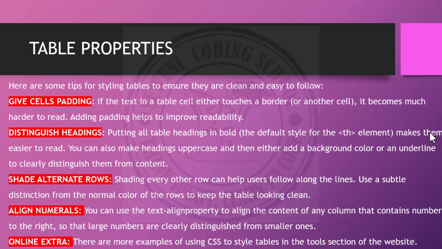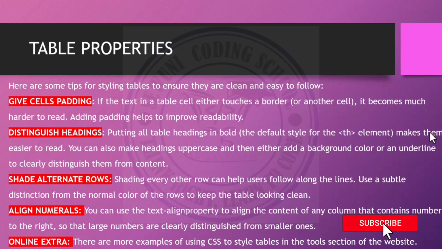We are also going to look at some tips used for styling tables to make sure that our work is easy and clean. I want to give cells padding. Usually when you are creating tables and you don't give padding, it doesn't look neat, it looks messy.